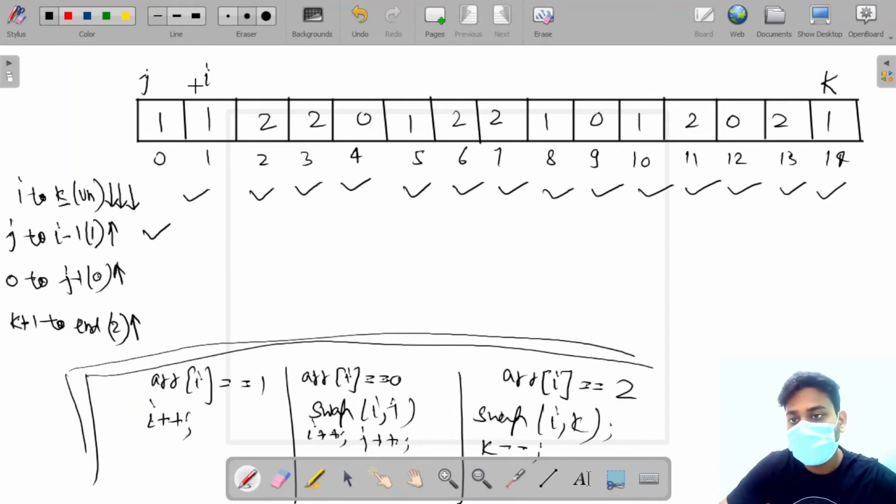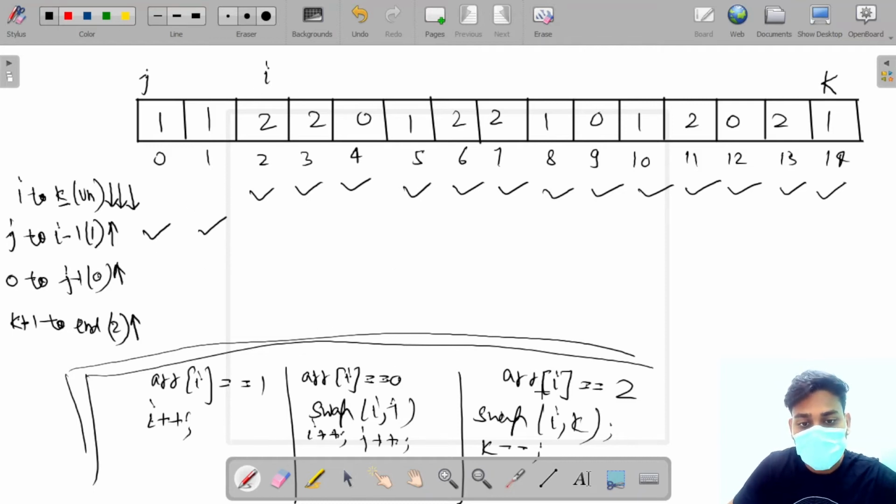Now arr of i equals 1 again. What do we have to do? We have to increase the value of i. Again, the unknown region decreases and the region of 1 increases.